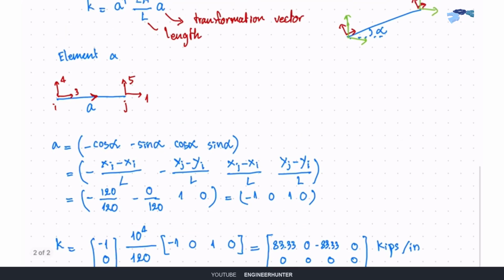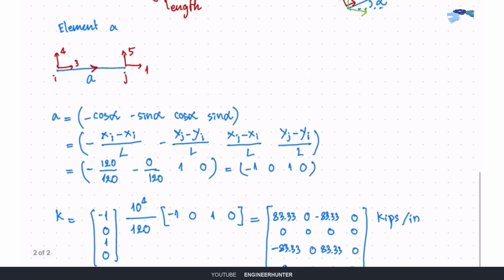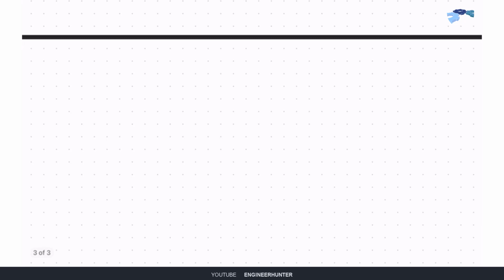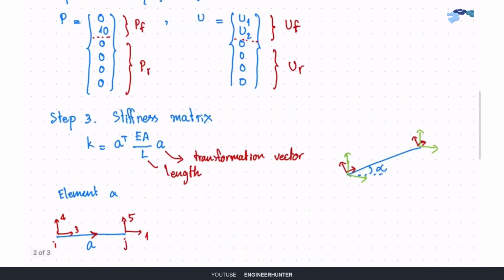It's basically the same step, but I want to remind you that for element B, it will be something like this. So first you can define the direction. This will be I and J, and then you put the degree of freedom.